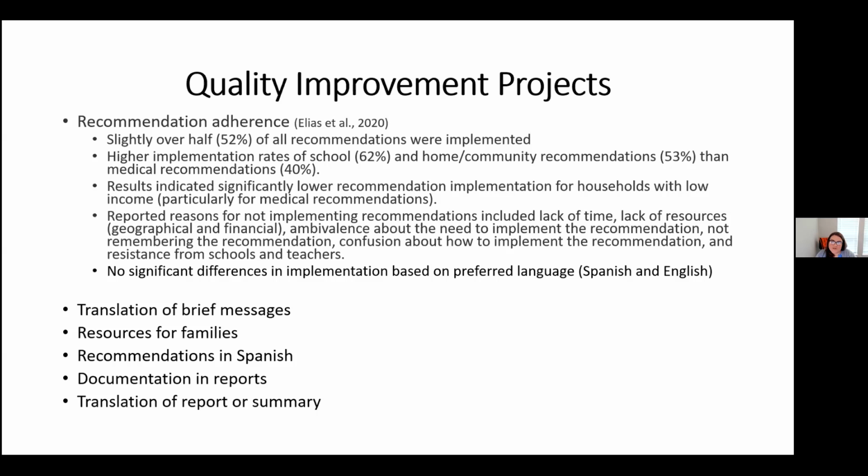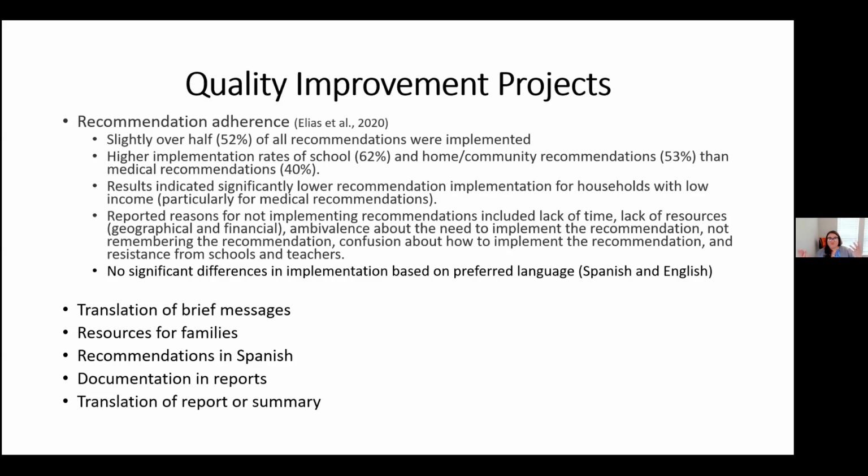But if you're going to be serving individuals from different backgrounds and different languages, you have to really think through how your delivery of care is inclusive. And one of the projects that we did at University of New Mexico with Dr. Elias and colleagues in 2020 that was published was really looking at the implementation of recommendations, right?